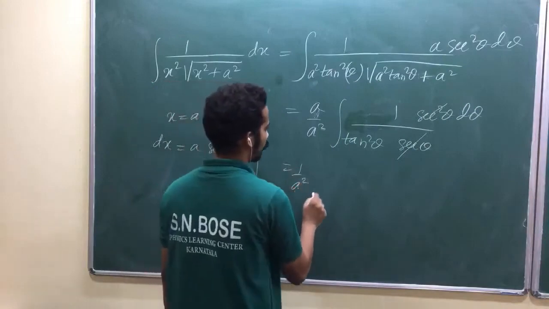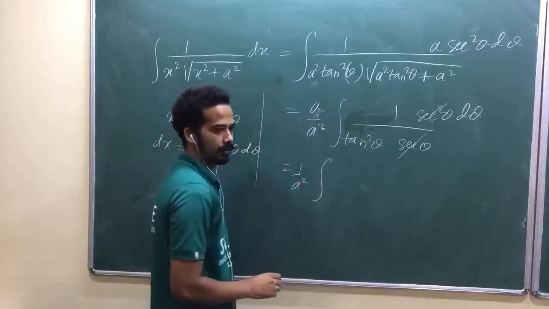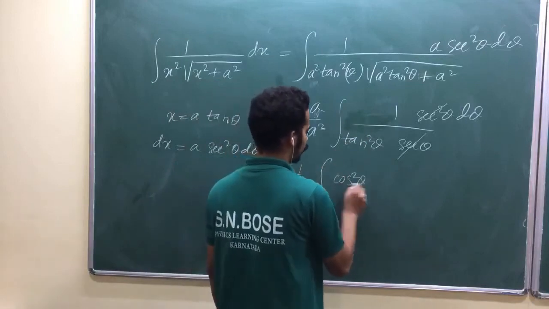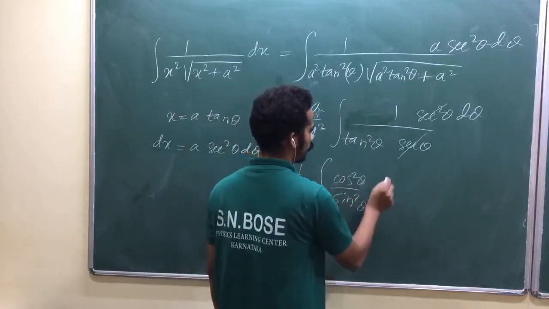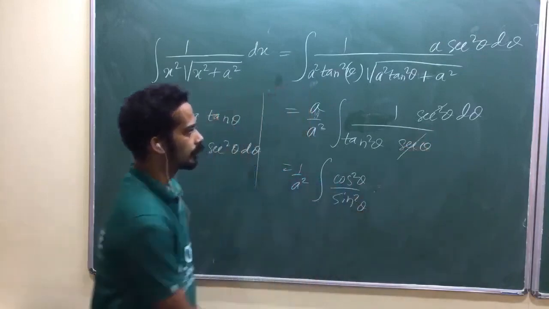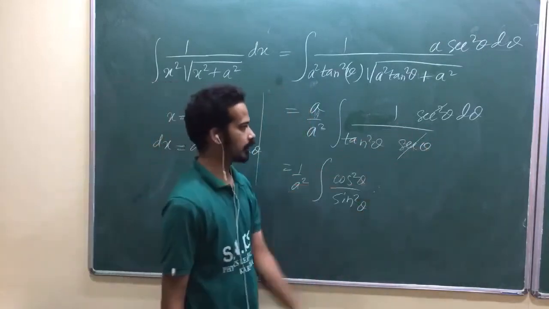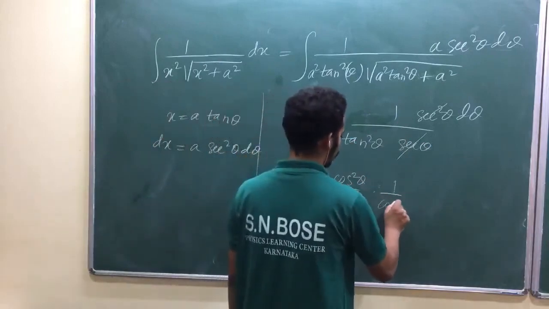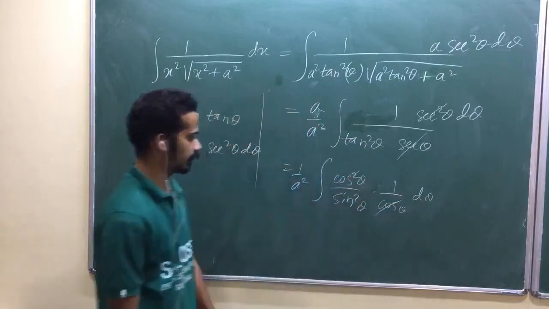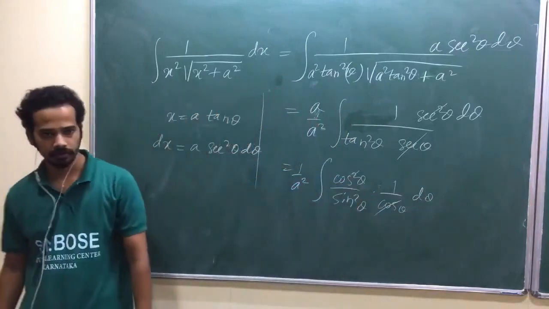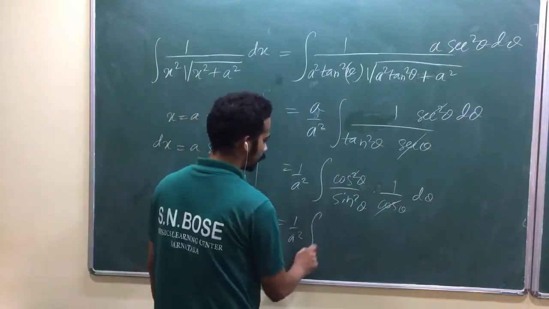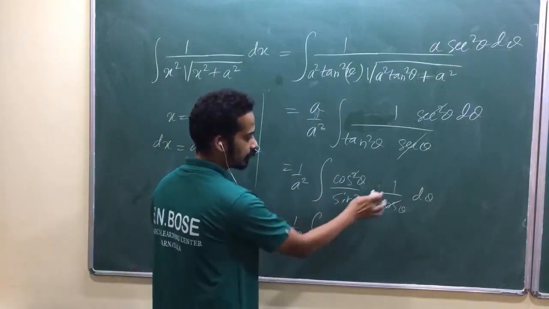1 by a square integral of cot square theta, which means actually cos square theta divided by sin square theta, into secant theta. One of the secant theta remained, 1 by cos theta. I think one of the cos theta got cancelled. That is equal to 1 by a square integral of cos theta by sin theta into 1 by sin theta.